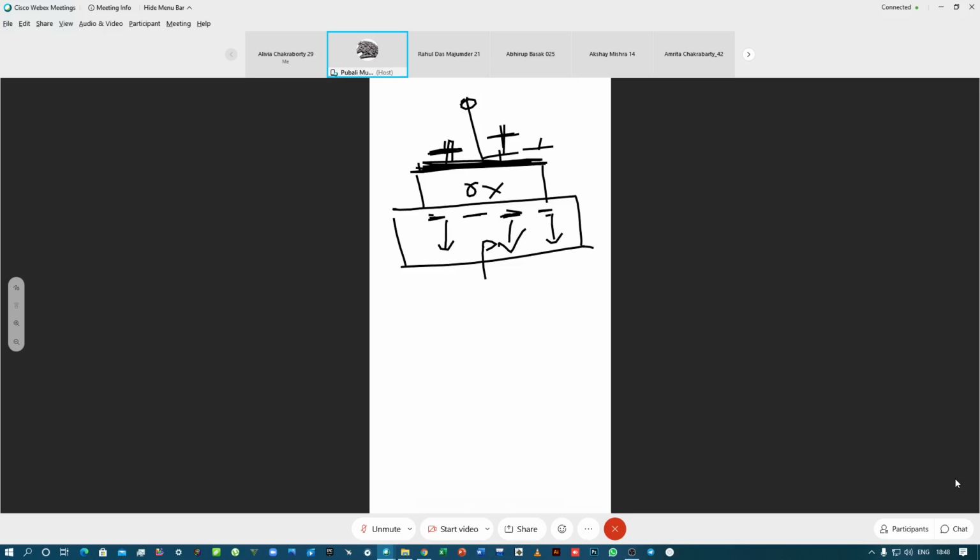Giving a layer called an induced space charge region, for a moderate to low applied positive charge at the gate. For moderate to low applied charge at the gate, you are leading to the accumulation of negative charges. So that is giving you an induced space charge region which is negative.